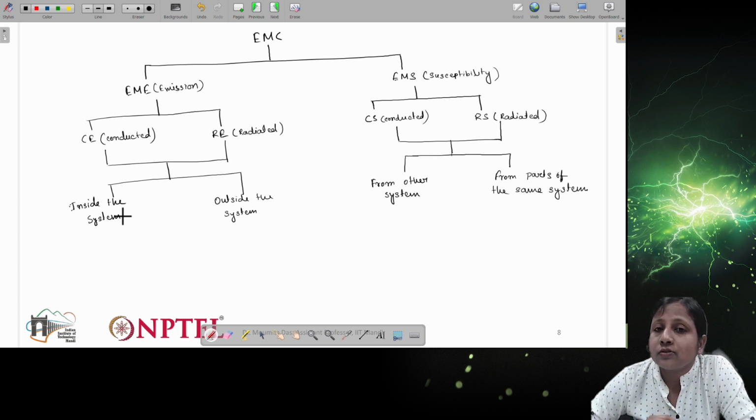So we have to make sure that one part of a system should not get affected by another part of the system. Similarly, one system should not get affected by another system placed next to it.